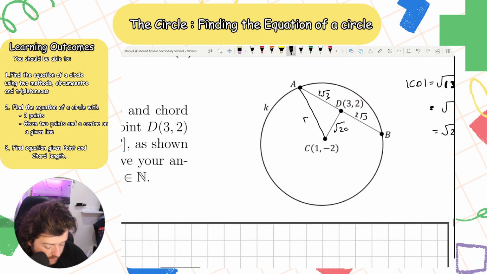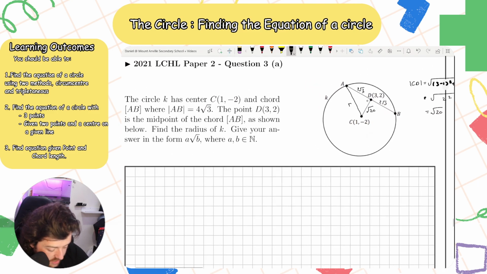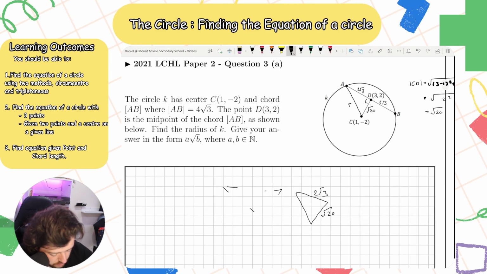So that's root 20. I now have all the sides of my right-angle triangle labeled. I cannot draw a triangle to save my life. So that was 2 root 3, this is root 20, and this is r.